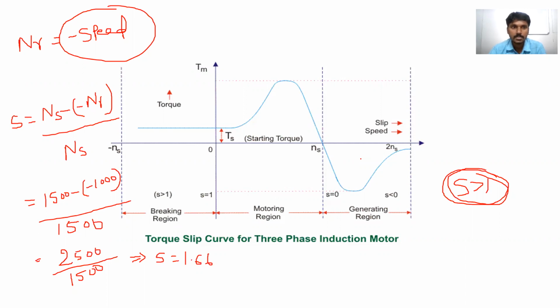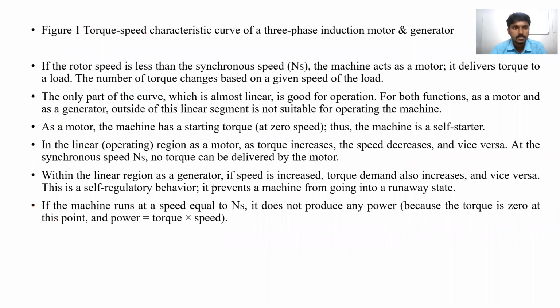If the slip is greater than 1, the induction motor will operate in plugging mode, that is the braking region. All this explanation we have given in the above graph, you can go through that.